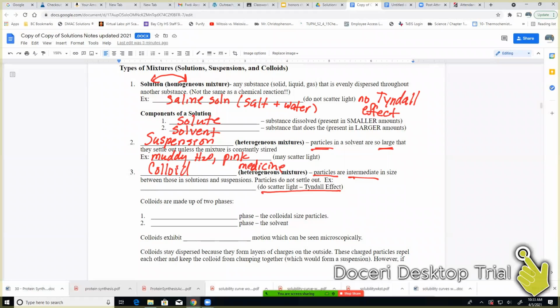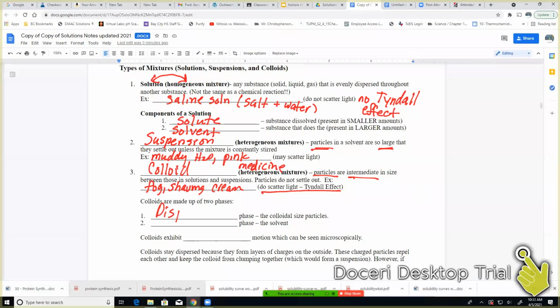An example of this is fog, shaving cream, Delsym cough medicine. It's over the counter, in a brown bottle, and you can almost feel the particles in it. Anyway, that's a colloid.